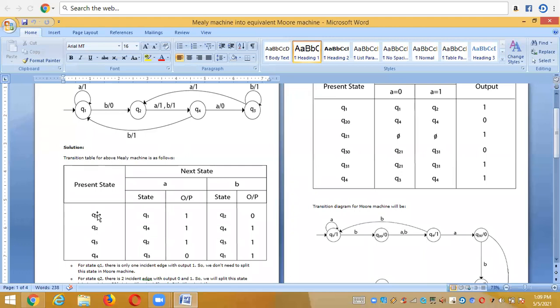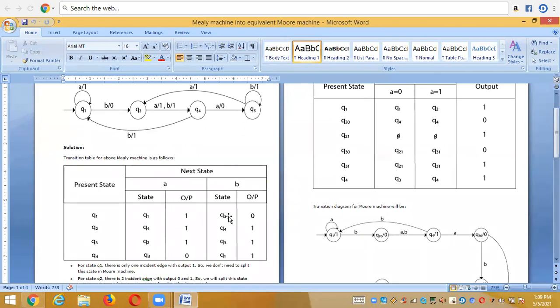So from the table of the Mealy machine, directly you are writing the Q1 state. Directly you are taking the Q1, its output state along with its output alphabets. So Q1, and at A its output state is Q1, and at B its output state is Q2, right? But actually Q2 is split into two states, Q2 0 and Q2 1, right?